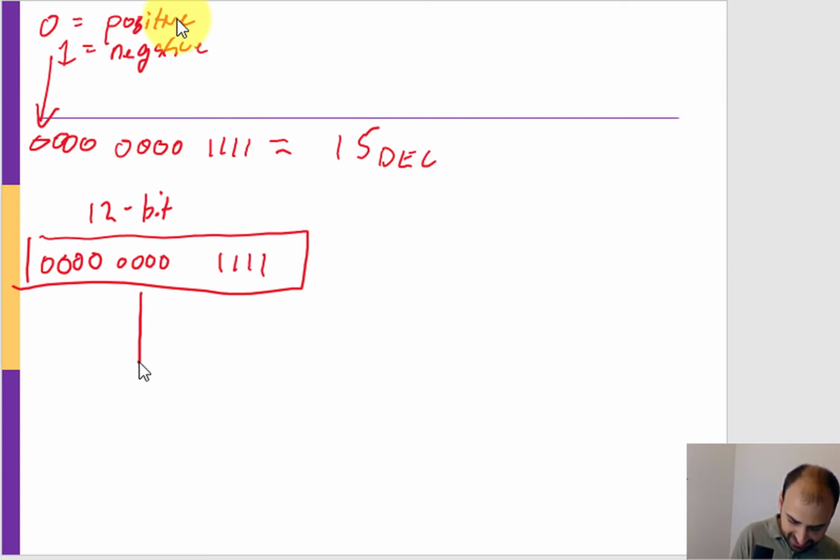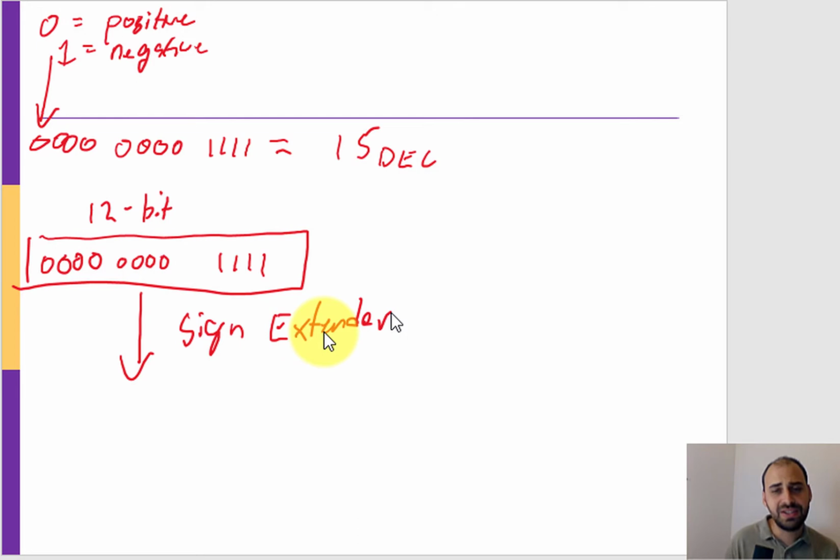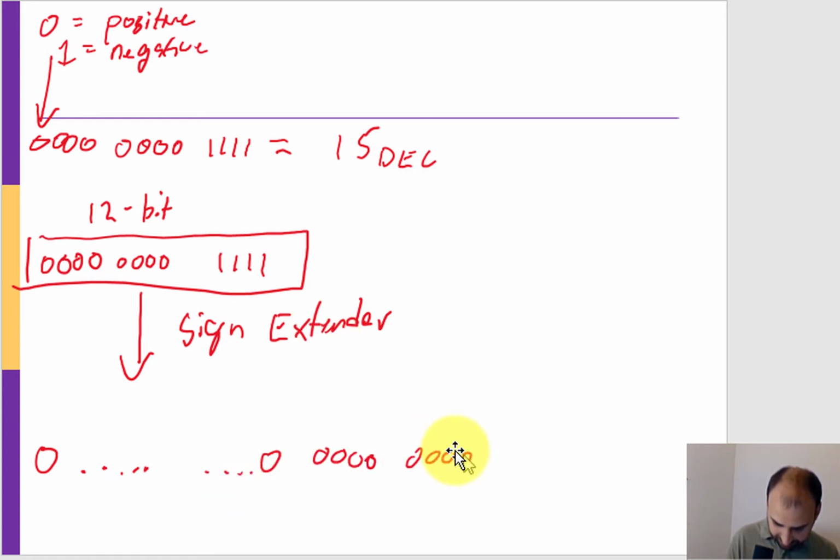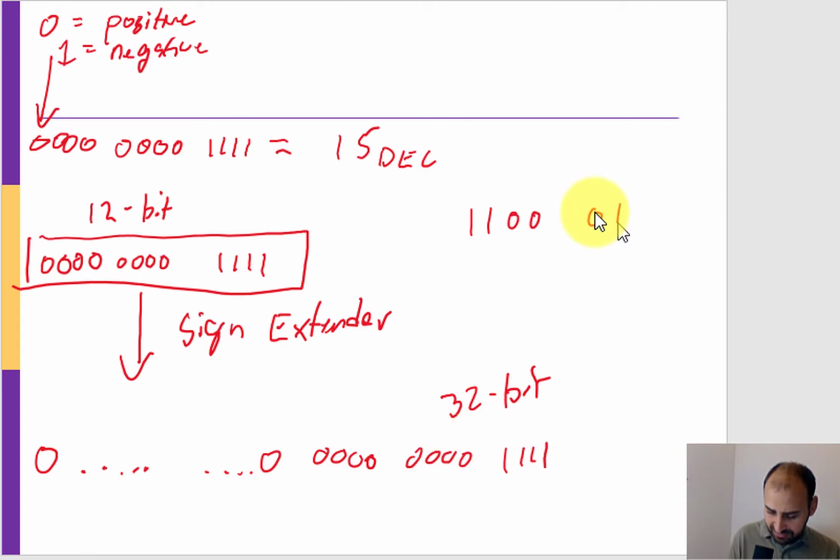The sign extender is going to turn that into a 32-bit value. And if it was a negative number, you would have some sort of leading 1, which would indicate that it's a negative number.